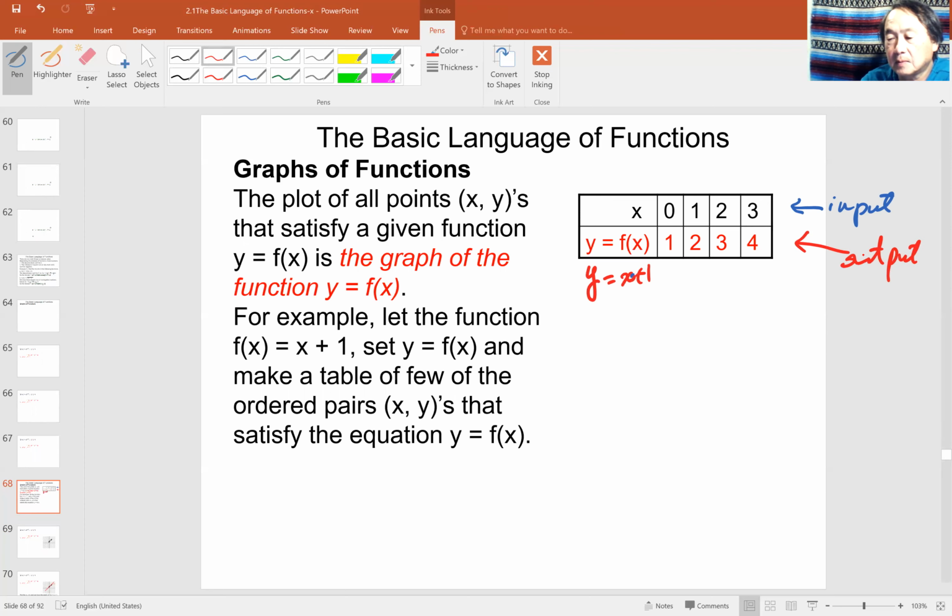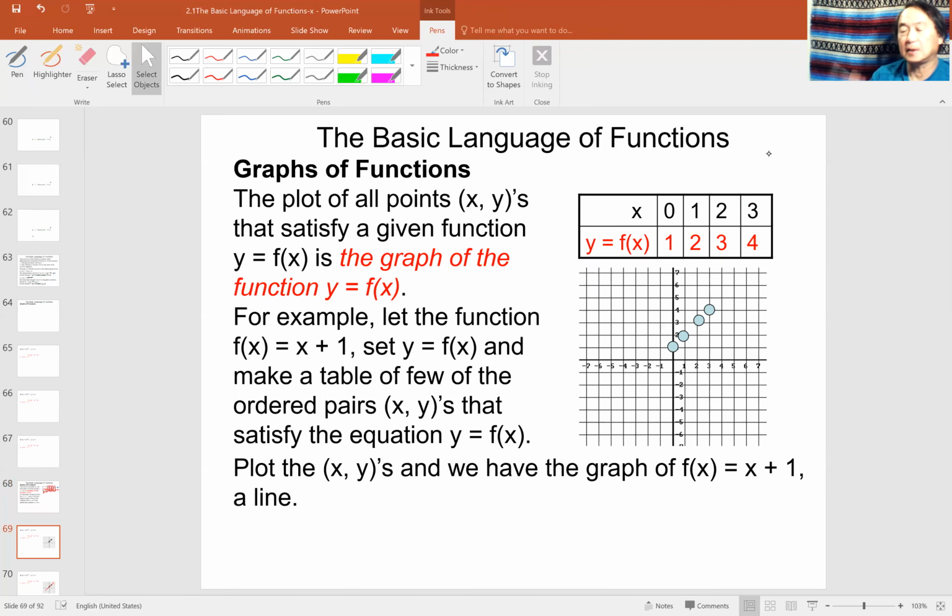And I can plot these points, 0, 1, 1, 2, 2, 3, input and output as coordinates, and they line up.